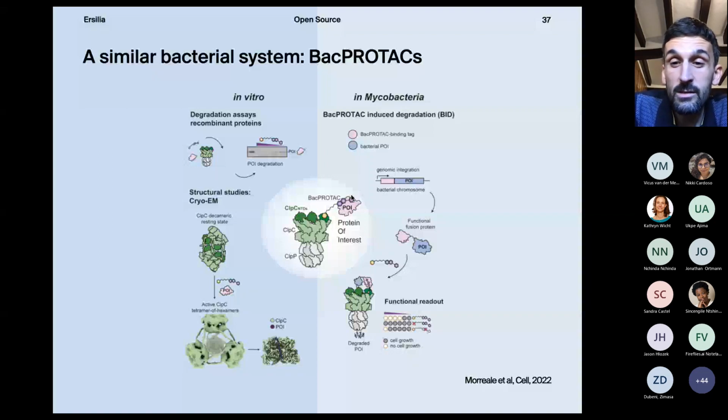That was called BAC products, published in Cell, and basically what they suggest is, so the degradation machinery as we know it is obviously not the same in bacteria as in human. So these people have proposed a different system that can more or less analogously be applied for targeted protein degradation in bacterial systems. And I think that in this paper, they showcase it for mycobacteria, which is quite interesting, of course.